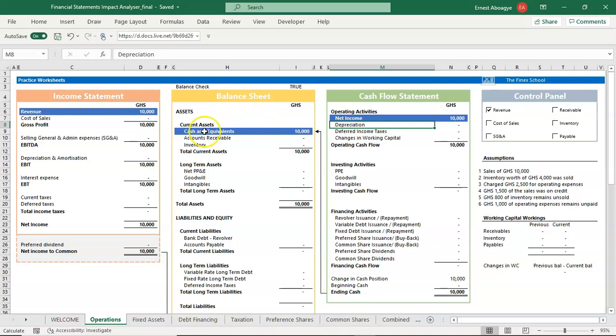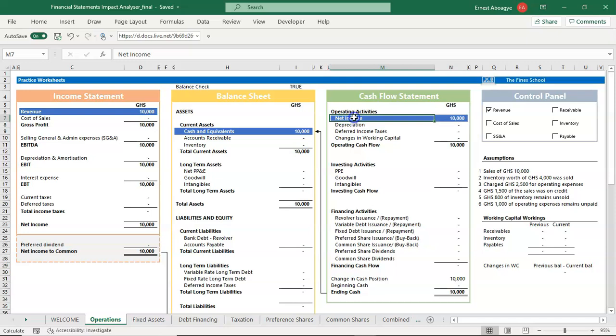So you can see that the impact of an increase in revenue is to increase net profit and then increase cash if the revenue was made on cash basis.